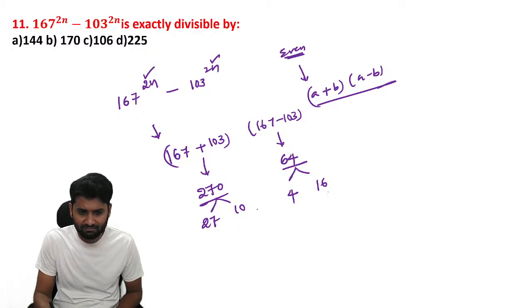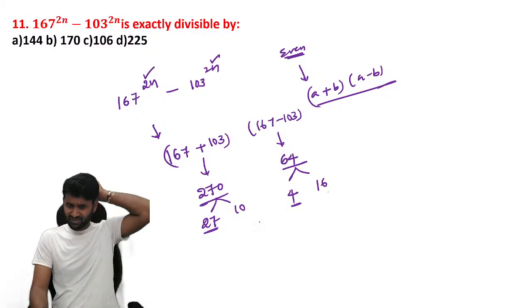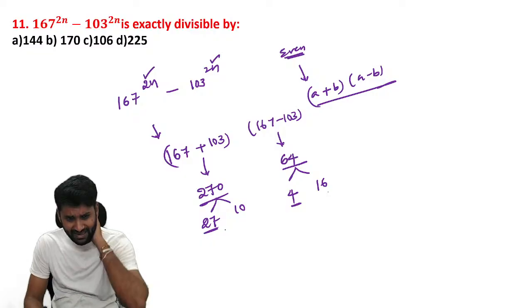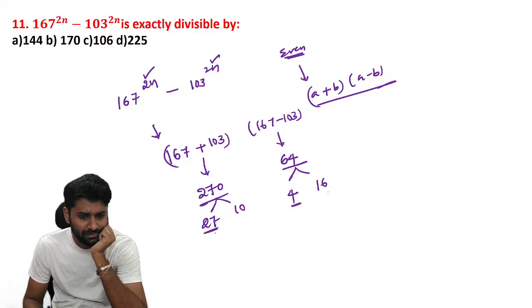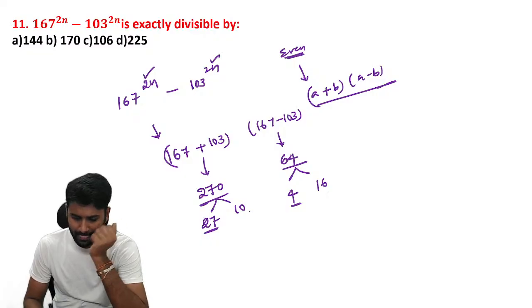Let's verify again: 27 into 4 is 108. If you go through the product, it is not possible. Again you can't find the option, and 160 you can't find either. Again, you can change it. It's all about the conversion only. Let's convert these values.